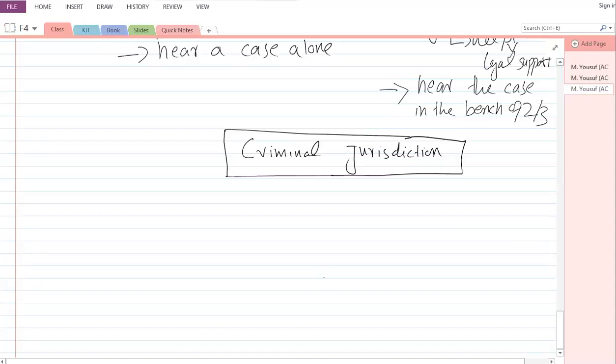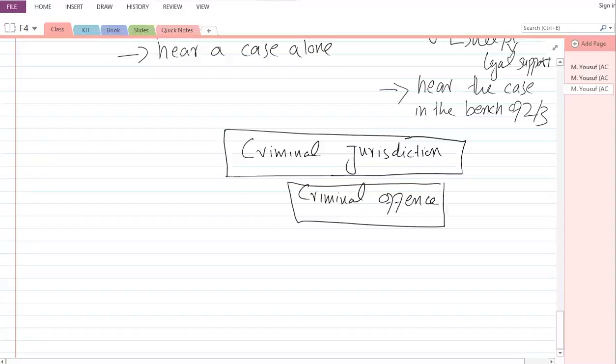This is called criminal jurisdiction. To understand this, we will start with the definition of criminal offenses. We know that crime is an offense, a behavior prohibited by the law.